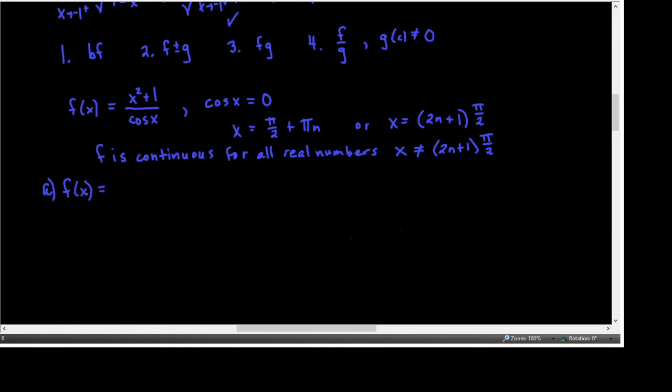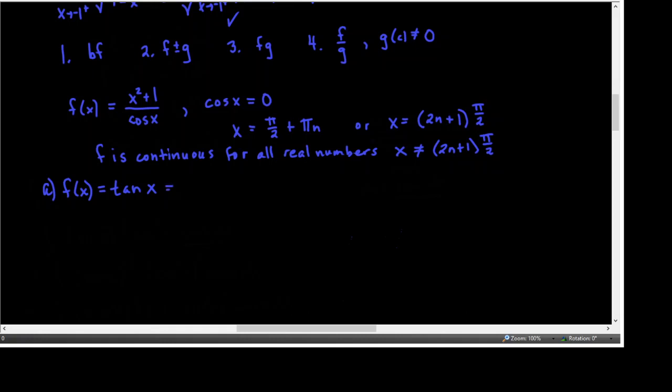F of x equals tangent of x. So to find continuity, we need to know its domain, because f of x, being a trigonometric function, will be continuous everywhere on its domain.